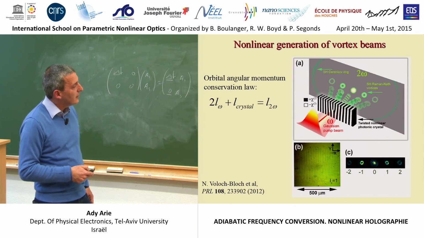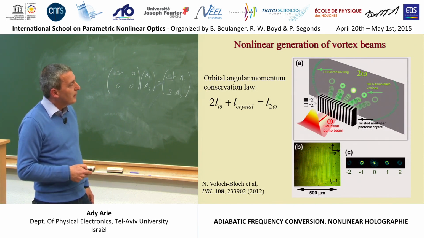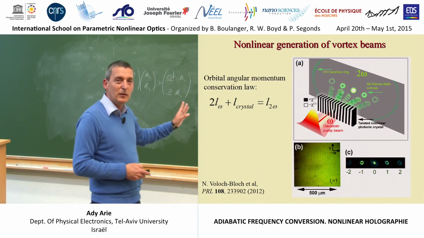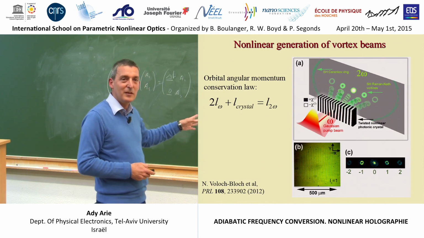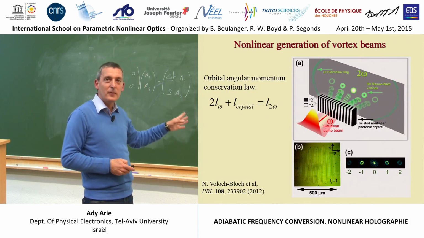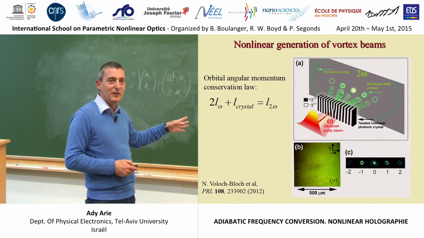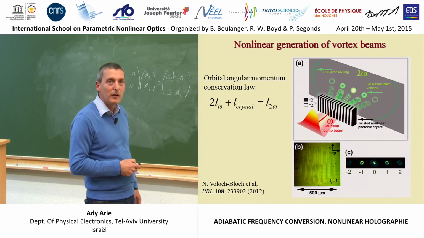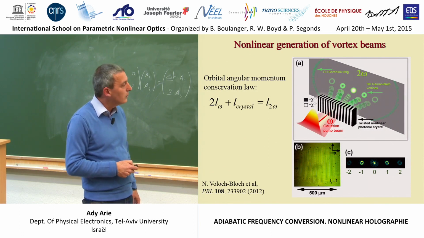In this case, the nonlinear crystal, this is the hologram, has a fork-shaped grating. I think maybe Miles showed it for SLMs, that they often use this for generating a vortex beam. But here, this is not an SLM. This is a nonlinear crystal. So this is the modulation of chi2.